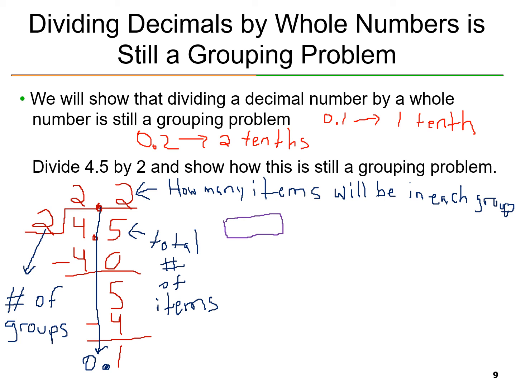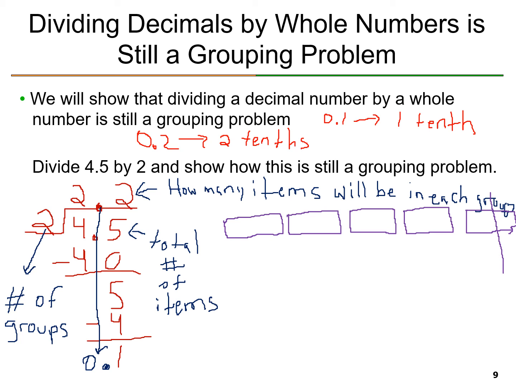I'm going to try to draw them the same size. 1, 2, 3, 4, and I need half of an item. Here, that's a whole item, but we only need half of it.